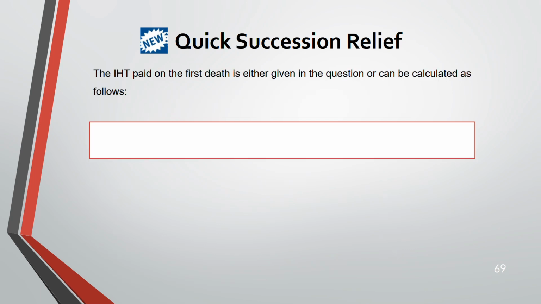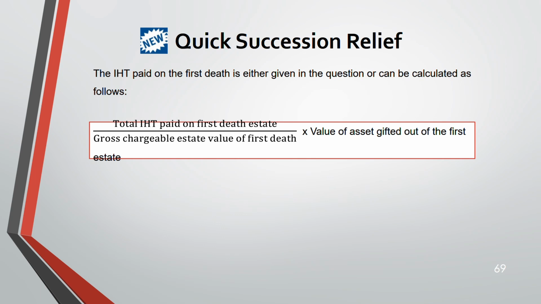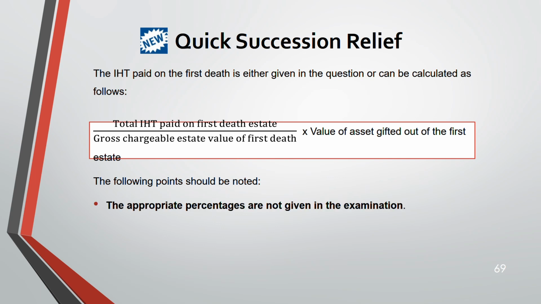The IHT paid on the first death will either be given in the question or can be calculated like this: total IHT paid on the first death estate divided by the gross chargeable estate value of the first death estate, multiplied by the value of the asset gifted out of the first. The following point should be noted. Appropriate percentages are not given in the question, you have to work them out based on the death year.